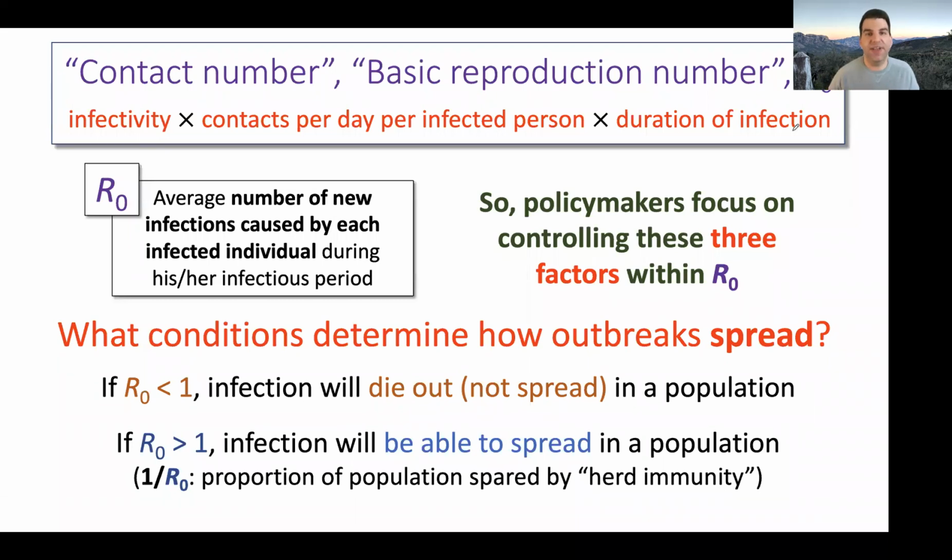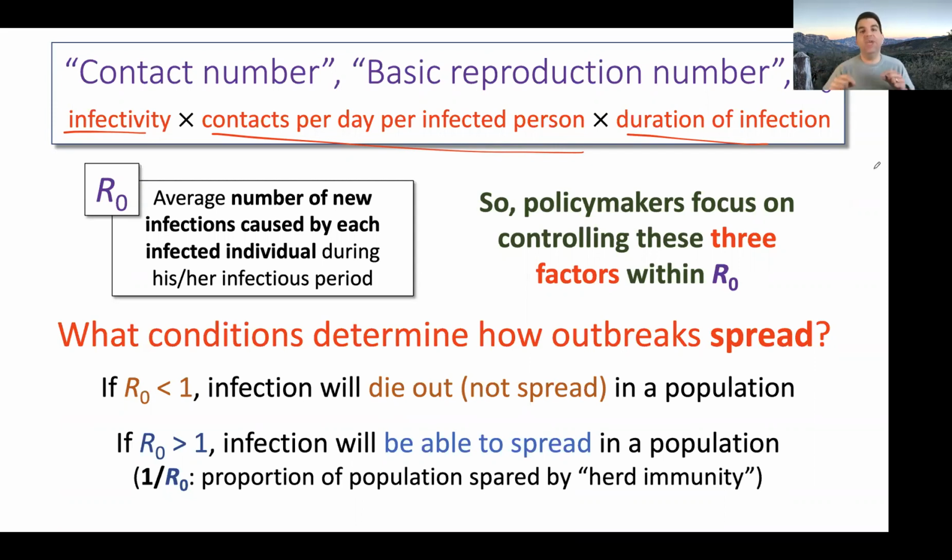So a new disease is found. Before actually letting the disease go wild, a policymaker can measure these 3 things separately before the disease hits a population, and we can estimate whether it's going to spread. We just need to estimate infectivity, contacts per day per infected person, and duration of infection.